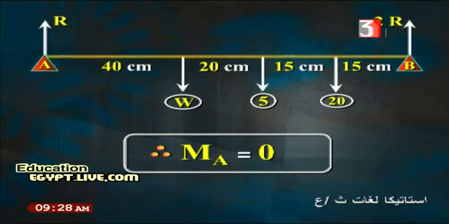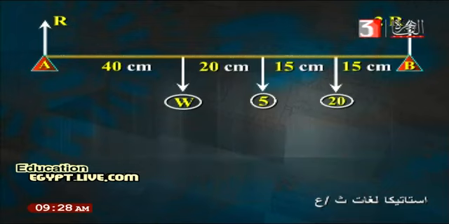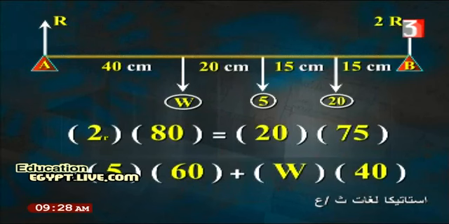Therefore, when we take the moment at A equals 0, using 2R multiplied by distance 80, this equals 20 times 75 plus 5 times 60 plus W times 40.